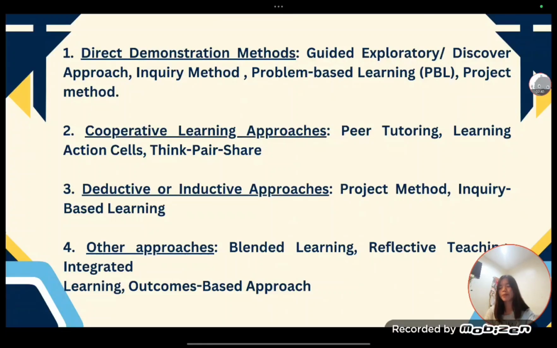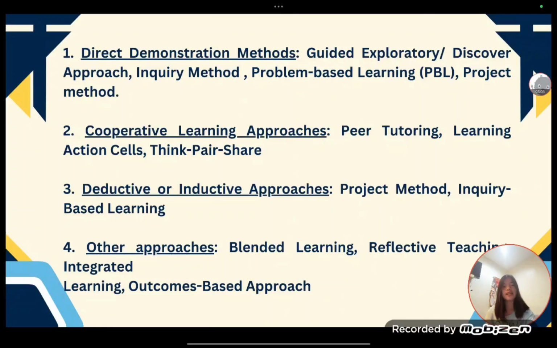This will test how a teacher will put life to the intended outcomes, and the subject matter that needs to be used depends on their content. First, we have the direct demonstration methods.